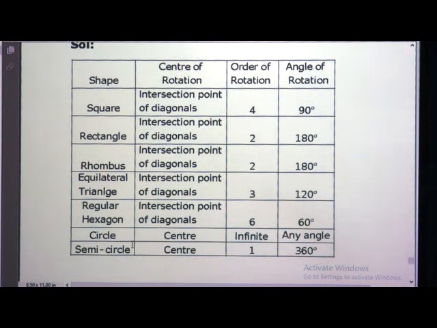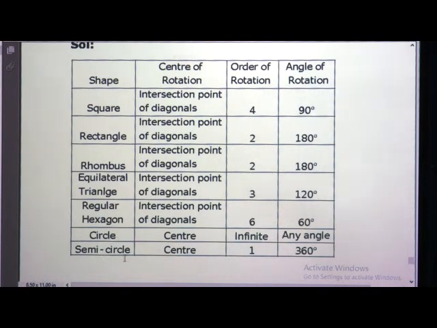If you draw only 4 or 5 lines of symmetry in the circle, that will give a different angle. If you draw more lines of symmetry, the angle of rotation will be infinite, but it will rotate at different angles.